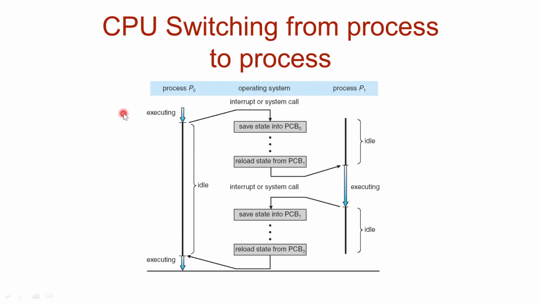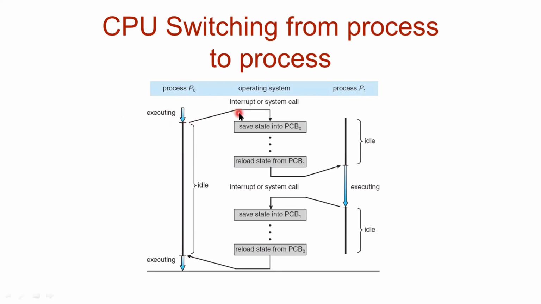Now we will understand how the CPU switches from one process to another. There are two processes shown here, process P0 and process P1. P0 is executing on the CPU. At this point, some interrupt or system call occurs, so the CPU has to relinquish its execution.